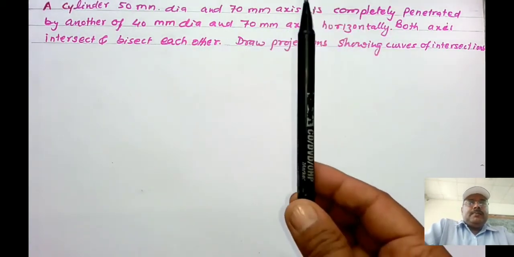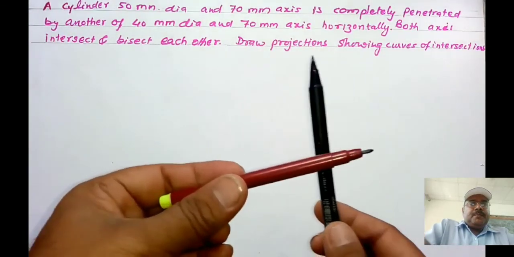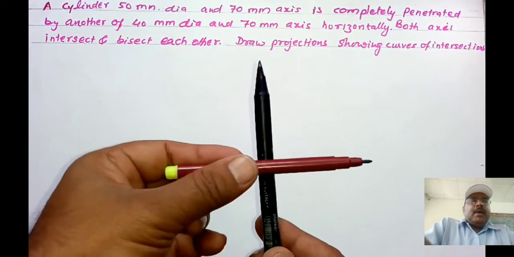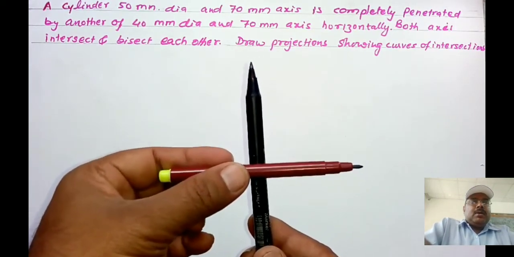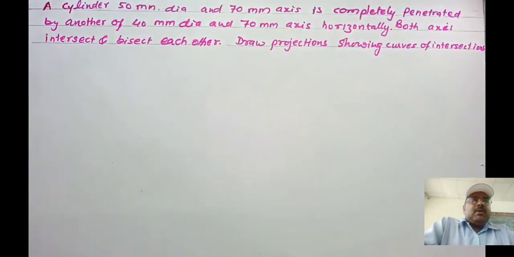Suppose this black pen is the vertical cylinder and the brown pen is the horizontal cylinder. They are intersecting with each other horizontally.